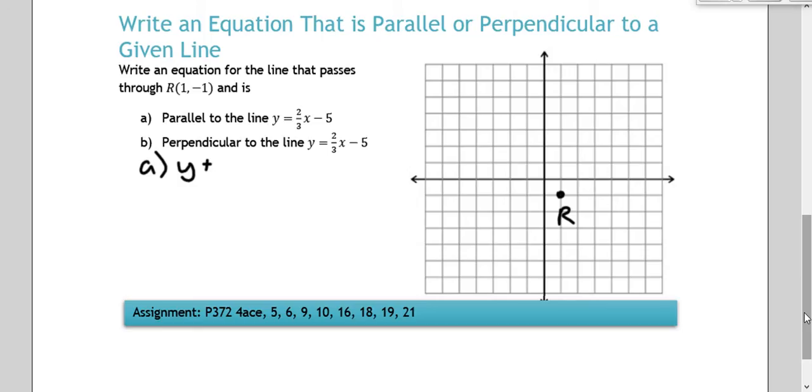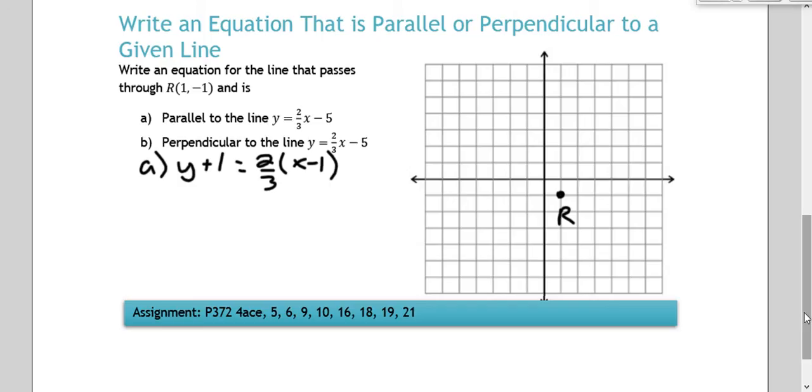So if we look at this, it's got to pass through this point, right? So it's got to pass through (1, -1): y plus 1 is equal to 2/3 (x minus 1). So this will create a parallel line.